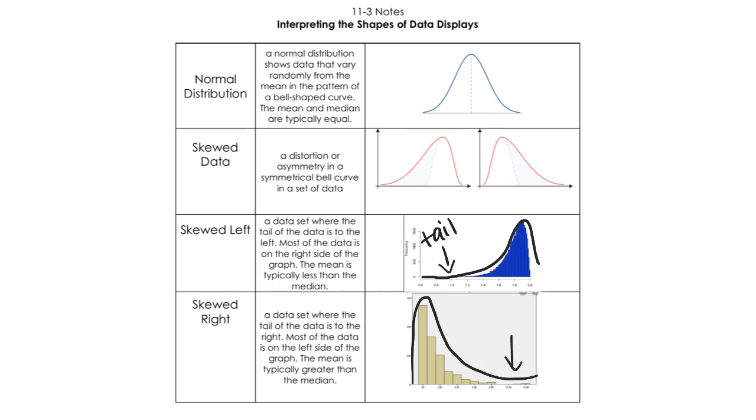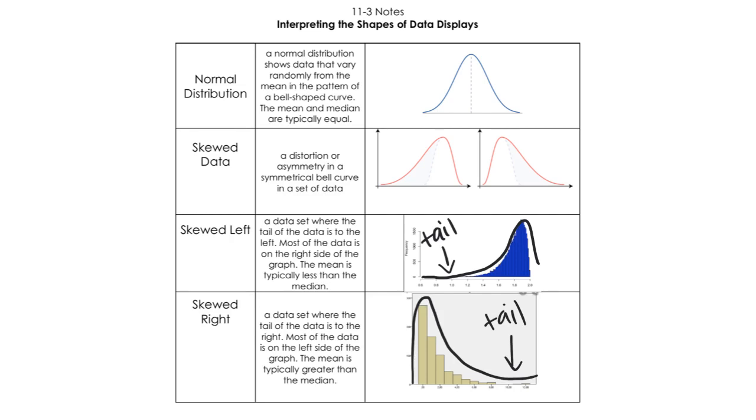We have our data getting kind of small over here where we have another tail. So wherever your tail is at, the left or the right side, that is which way your data is going to be skewed. So on that first one, that blue one, our tail was on the left, meaning our data was skewed left. On that kind of greenish, yellowish color one, the bottom one, our tail was on the right, so we had skewed right.